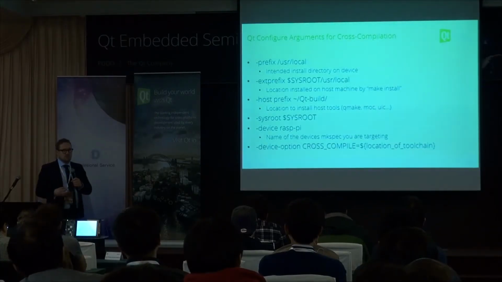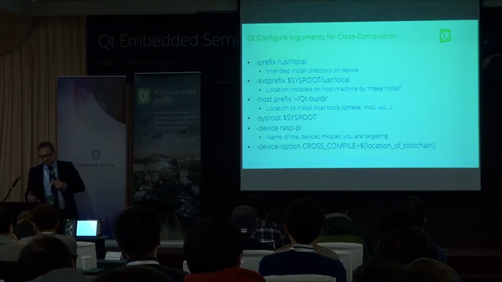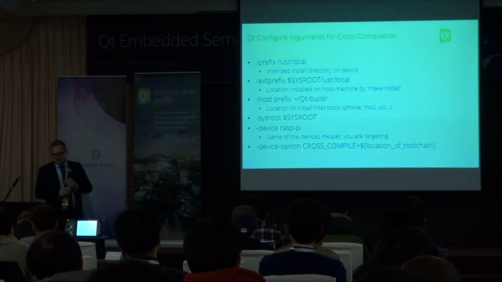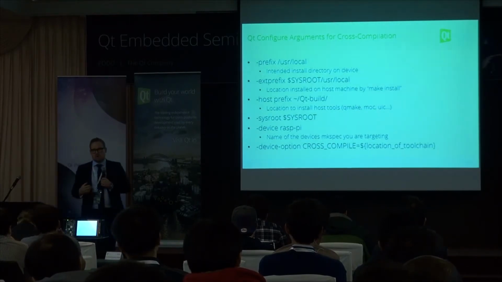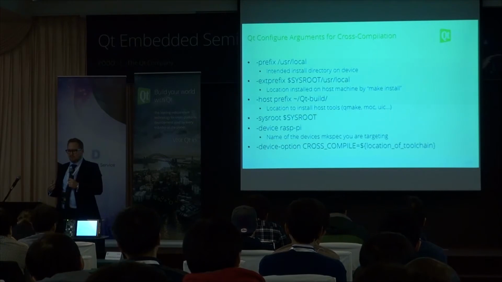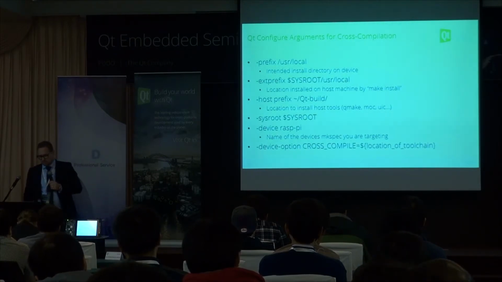So prefix, that's the folder where you're going to install Qt on the device. And ext prefix, that's on the host machine where you install all of the development libraries when you're doing make install.